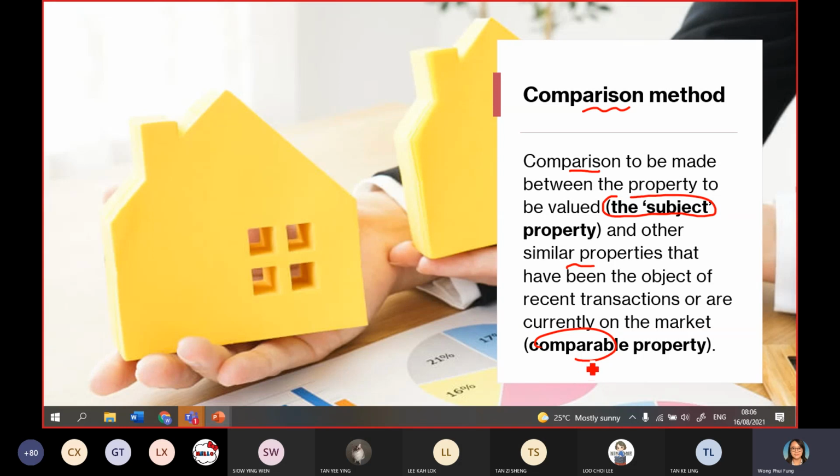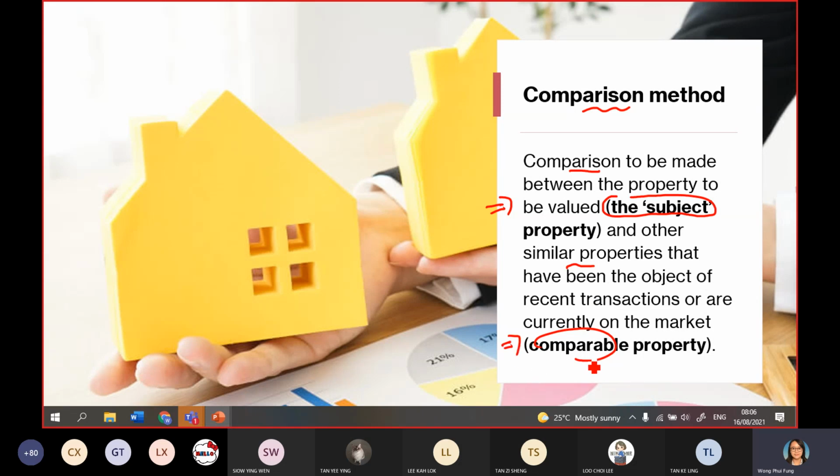If you don't understand, just think about the assignment that I gave you. That piece of land, I asked you to propose what kind of development you want to develop. That is classified under the subject property. Your assignment, that is the subject property. So when you want to find out the selling price, when you want to find out the construction cost, you have to find another property available in the market to do the comparison.